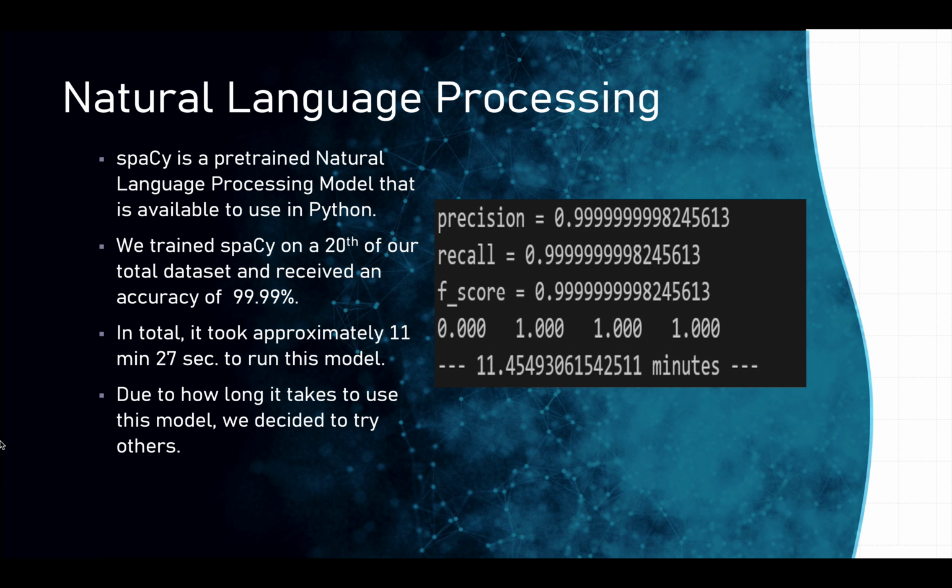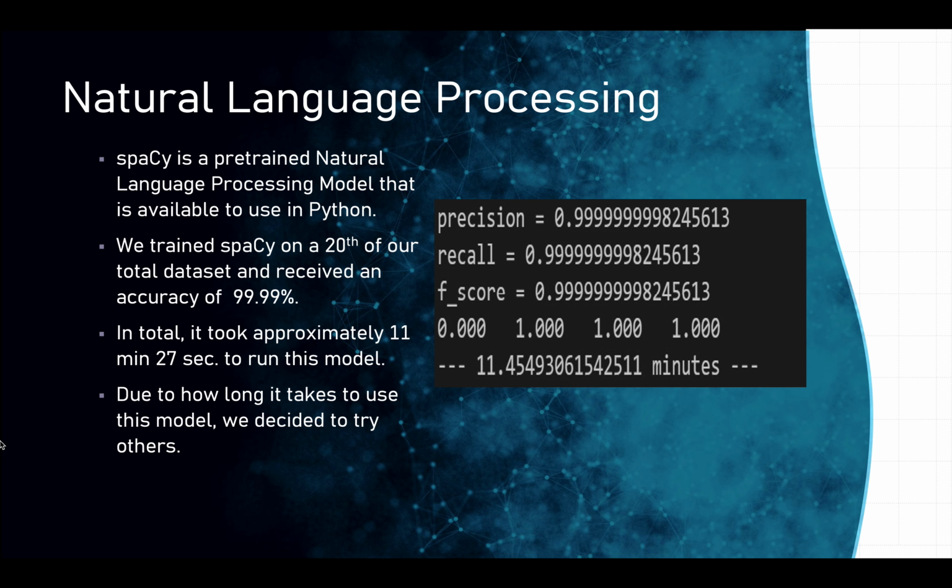Analysis. So first up, we used natural language processing. This included using a library called spaCy, which is a pre-trained natural language processing model that's available to use in Python. So we trained spaCy on a 20th of our total data set and received great accuracy of 99.99%.